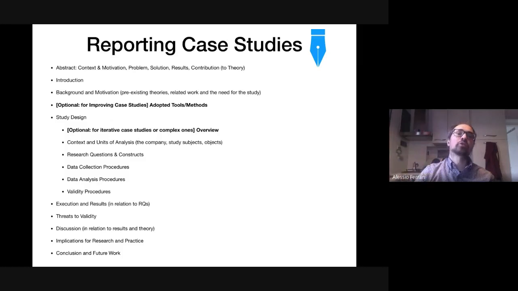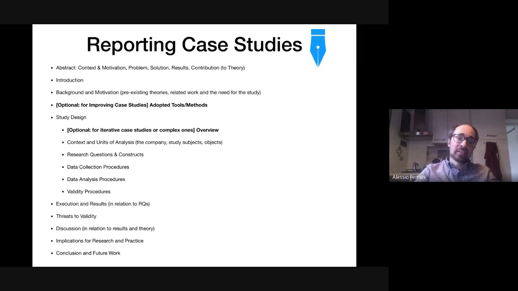So contribution to existing work, what you do, for example, as implication for researchers and practice. Introduction, then background and motivation, in which you list the pre-existing theories, related work, and you make evident the need for the study, the research gap that we discussed at the beginning. Here is the space where you describe this aspect.